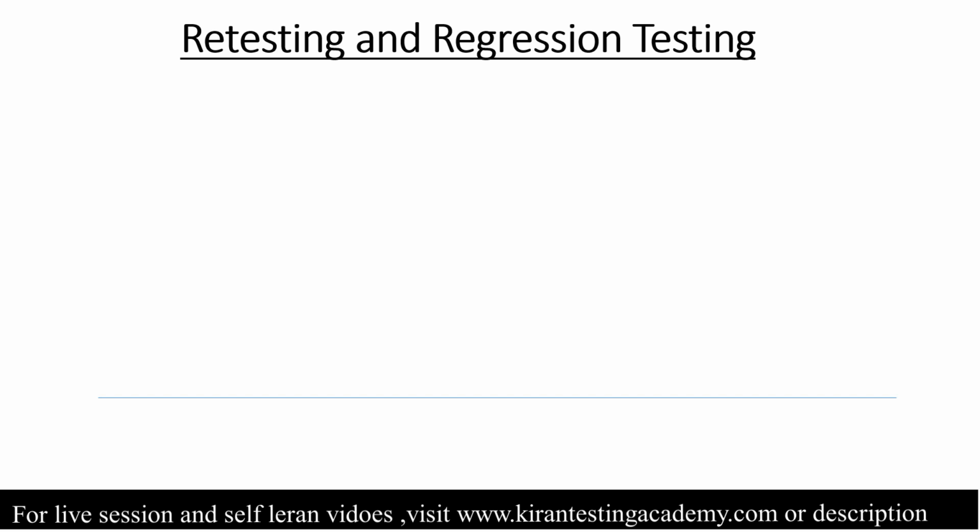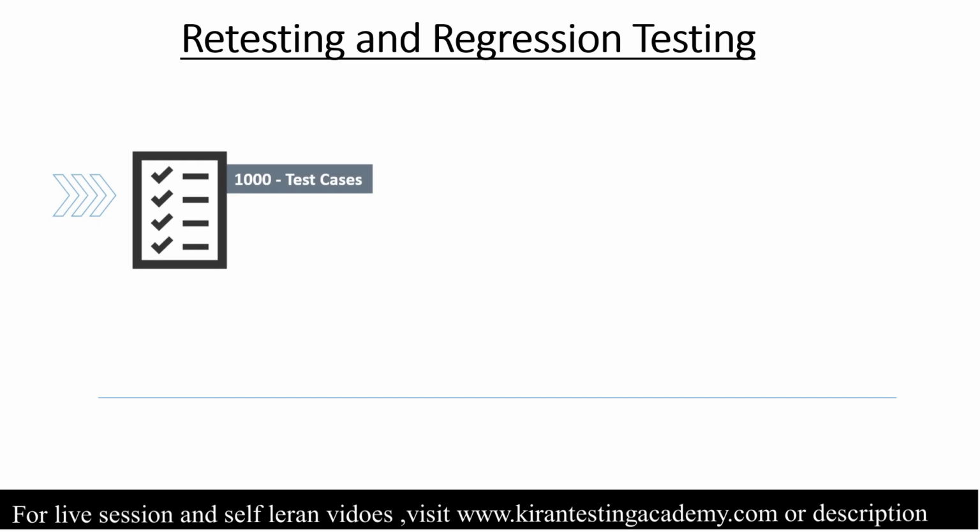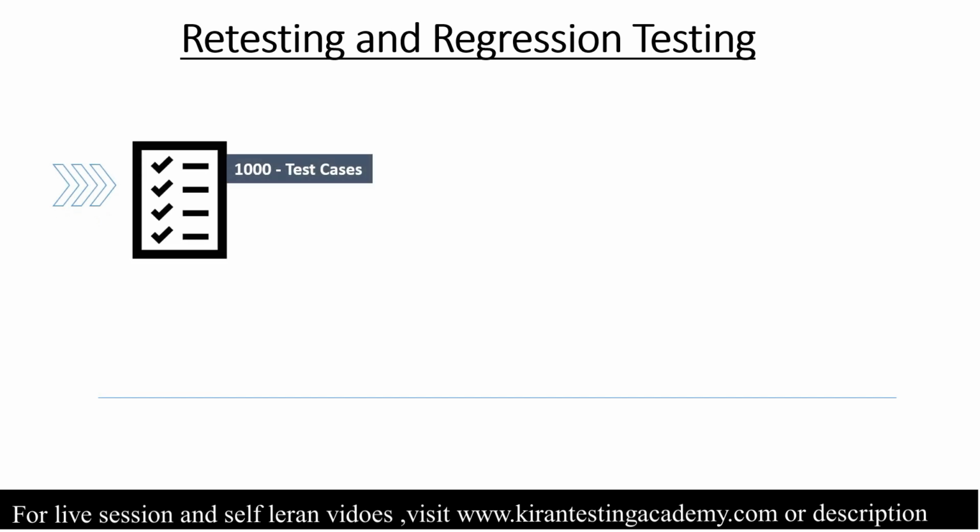Let's start. Assume that for a certain application or for certain functionality, we have written some 1000 test cases. Just an assumption, guys. We have written 1000 test cases and we have taken up some time and executed the 1000 test cases.